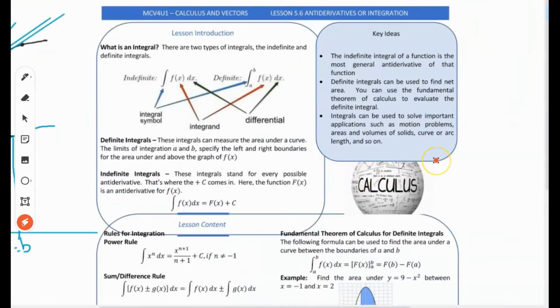So now there are two types of integrals. We have definite integrals and indefinite integrals. An indefinite integral looks like this. This symbol is the symbol for an integral. Since, like I told you, we're taking the sum of an infinite number of rectangles, the integral sign is sort of like a stretched out S, which represents sum, which is what we're doing.